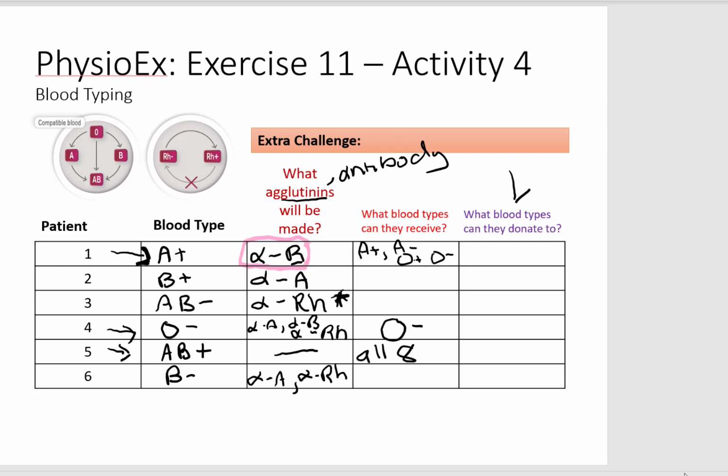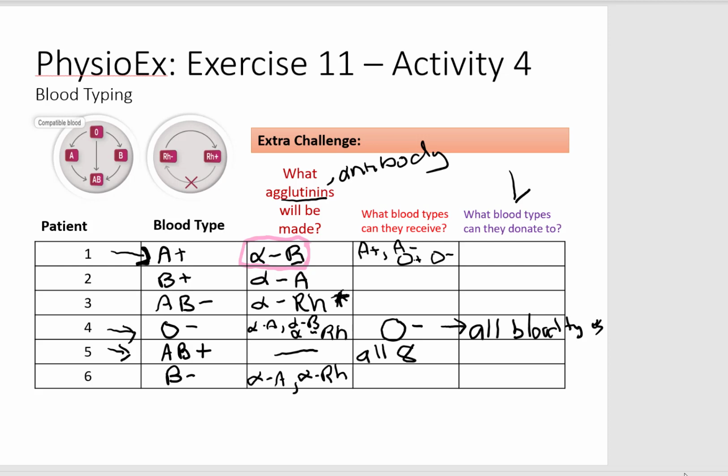Who can the O negative person donate to? Only O negative? No. They can donate to all blood types. And that is the reason why they're called the universal donor.